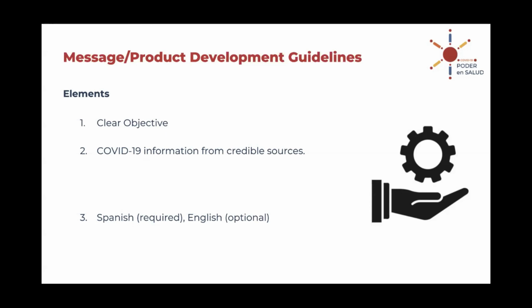Keep your objective clear, but also make sure that in the information you're providing with these message products, there must be credible sources that you have access to as well. And as mentioned, these message products are required to be in Spanish, and they will also be in English, but we will talk a little more about this going forward, in terms of providing you a resource with why that will be.